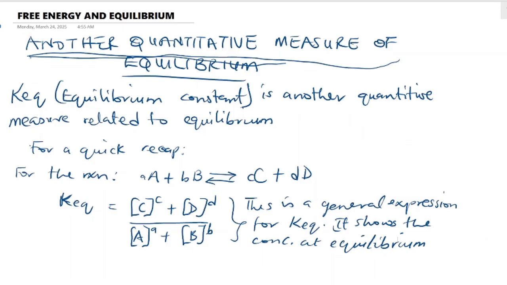So I'll do that in the next page to show you the relationship between delta G, which is the measure of the extent from equilibrium, and KEQ, which is the measure of how far a reaction is from equilibrium.